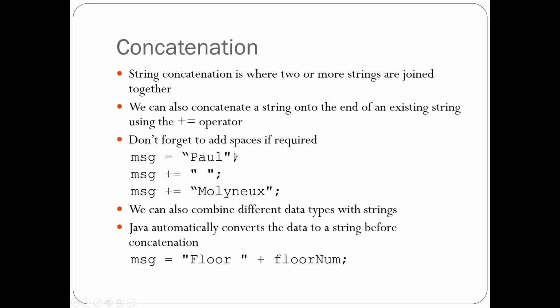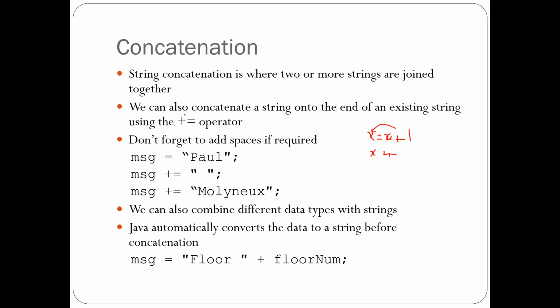You might have seen it in other languages or in other lectures where you're dealing with numbers, and you'll say x equals x plus 1, which will get the value of x, add 1 to it, and put it back into x. Now we know the shorthand for that, that's x plus plus, and we're used to using that now.